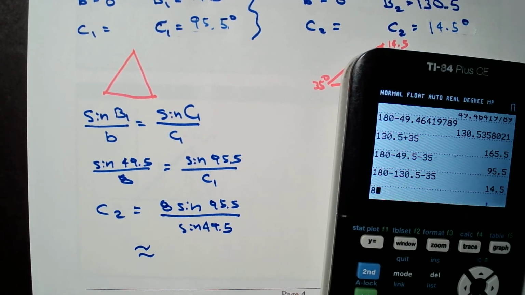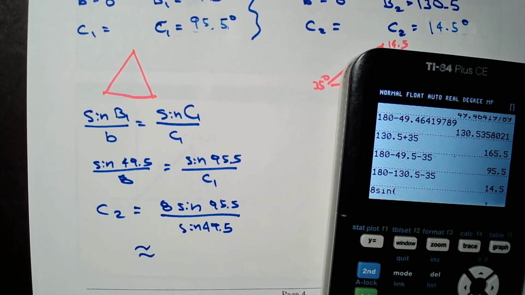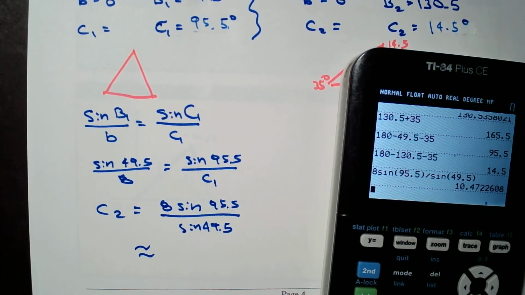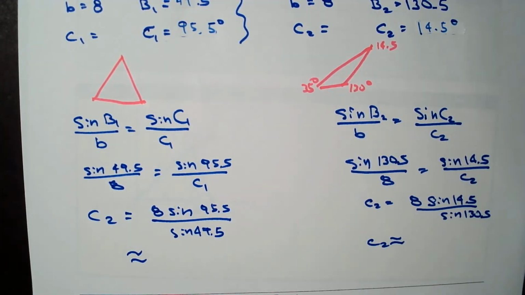8 sine 95.5, close parentheses, be sure to close parentheses, and then sine 49.5. So that's 10.47.